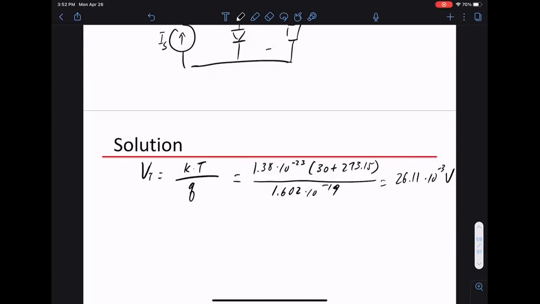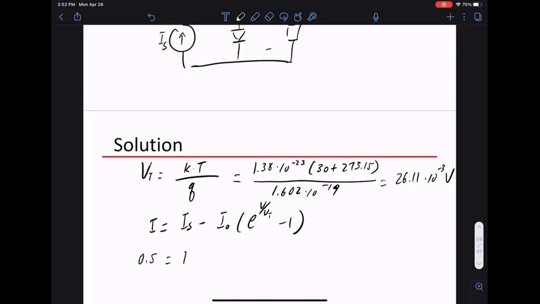All right, so this is our thermal voltage. Once you have the thermal voltage, we have to compute the voltage of the load. There are several ways we can do this. One equation we can use is that the current is equal to the solar current minus the current through the diode. We know the current draw is 0.5.